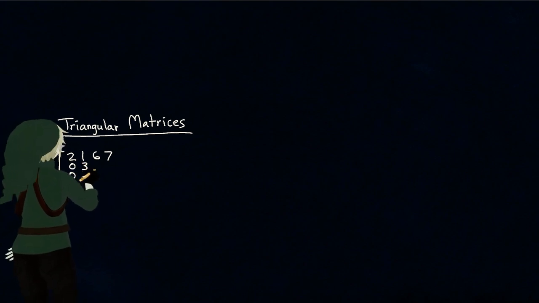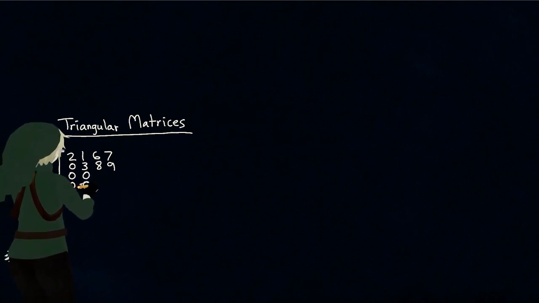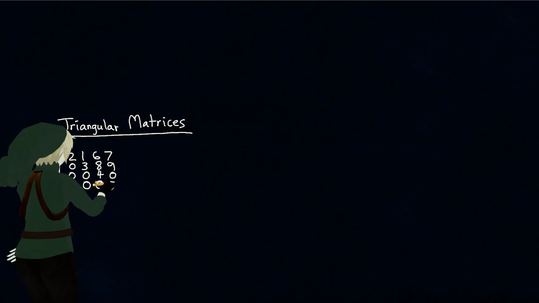It's hard to explain in words. It's better if I just show you. In this case, we have this example here. I'm just going to put a 0 there to help you understand.